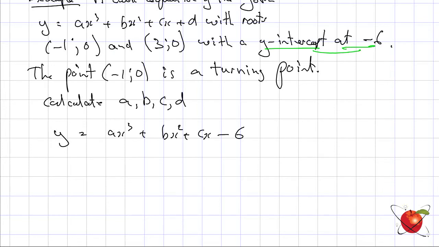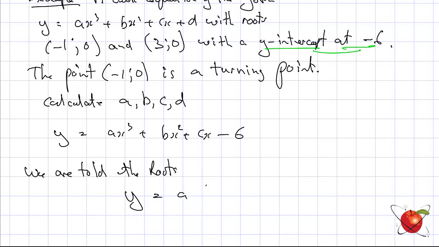Now, the next one I can say is also, what else is given? We are told the roots are minus 1 and 0 and x minus 3. So let's put it in. We're told the roots, so it's in the form y is equal to a times x minus root 1, x minus root 2.